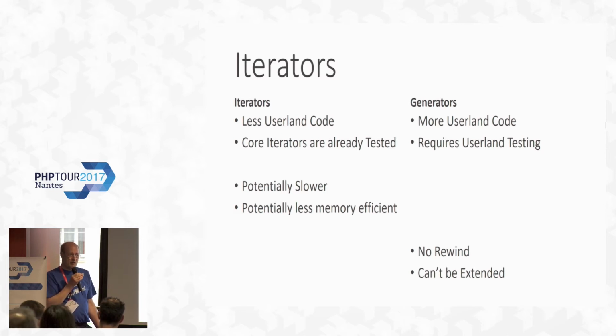But if you wanted to paginate a directory display or a file display, in the case of a generator, you have to write all the code to handle that yourself outside of the generator, whereas with an extended iterator, you could write rewind logic, you could write seek logic, that type of thing, all nicely built in. It can be serialized, next request, you show the second page. So iterators there do still have some real benefits.